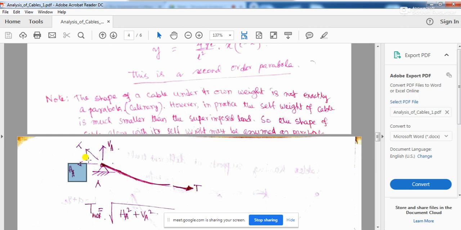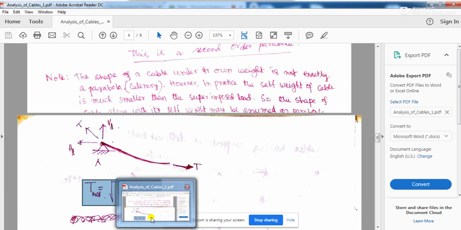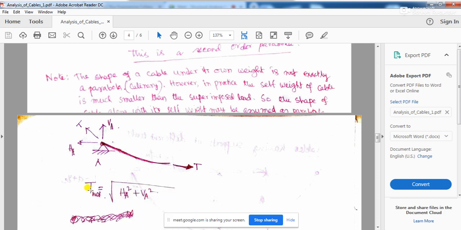This is T, and T max can be easily calculated using Pythagoras theorem: VA cos theta, HA cos theta, squared up. So T max is going to be equal to root over of HA squared plus VA squared.